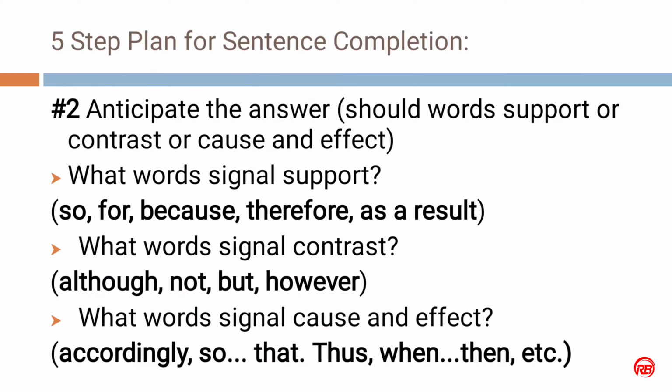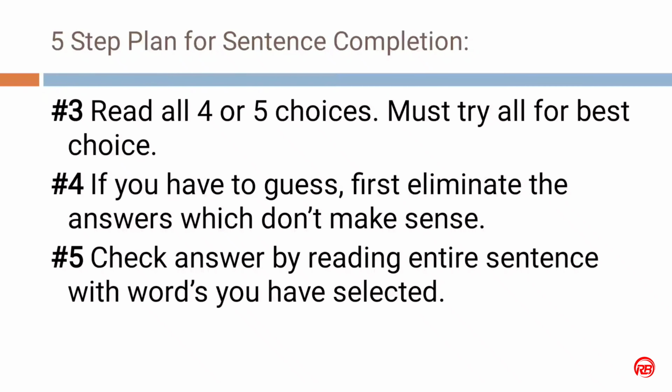So these are some cause and effect signals. So we can easily guess with these kinds of words whether it is a supporting sentence or contrasting sentence or cause and effect sentence. And step 3 is read all 4 or 5 choices, must try all for the best choice.